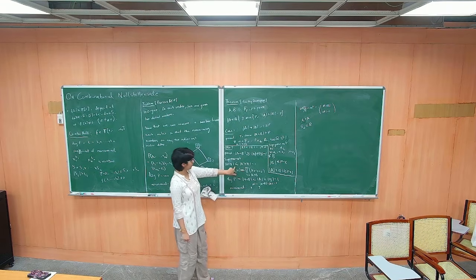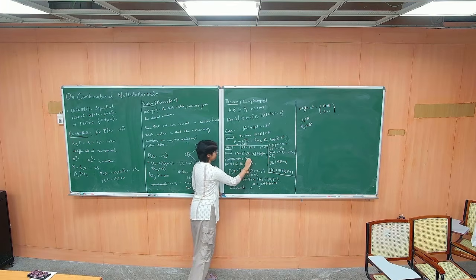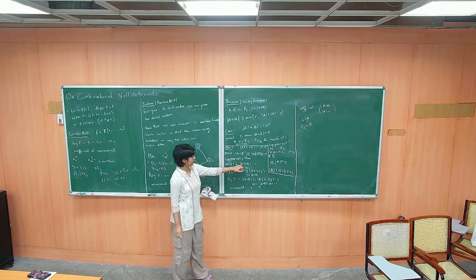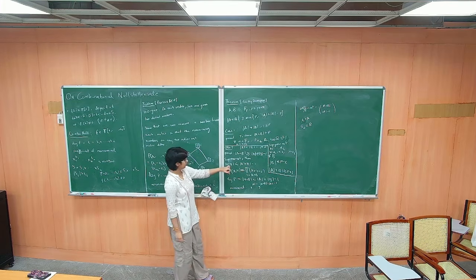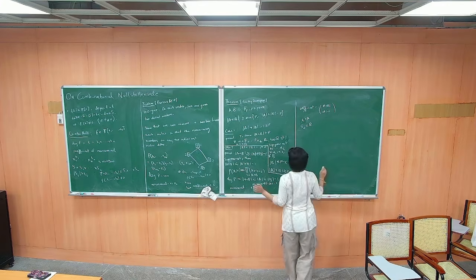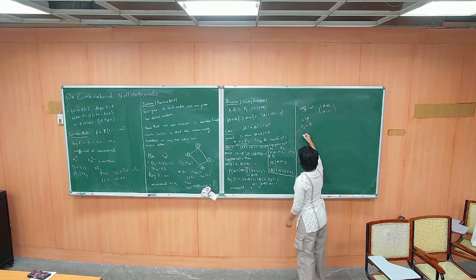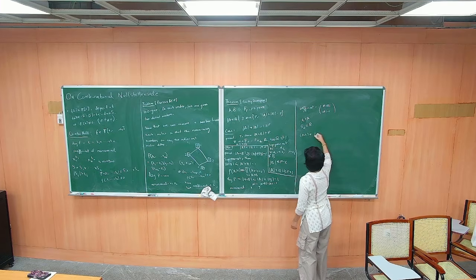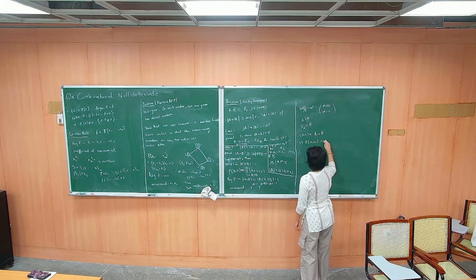Because I have assumed that |A| plus |B| minus 1 is strictly less than |A plus B|, so |A plus B| minus |A| minus 1 is strictly greater than |B|. So I can use Combinatorial Nullstellensatz. What does it give? It gives me that there exist points (a, b) which lie in A cross B such that P(a, b) is not equal to 0.